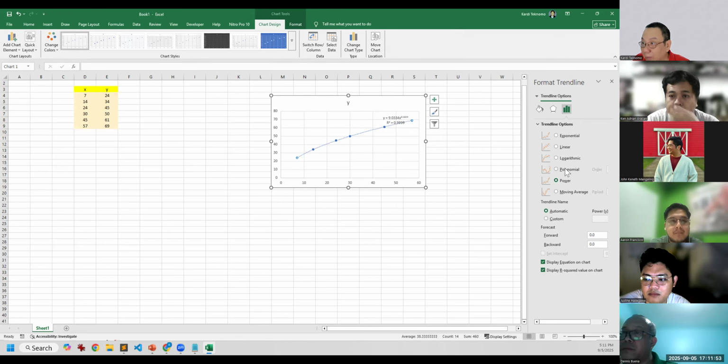What happens if you use other models? Logarithm is 97%. Linear is 89.7, exponential 92, and power is the highest, 99.